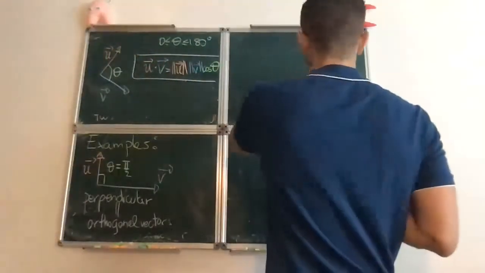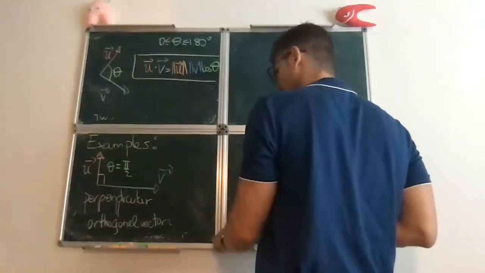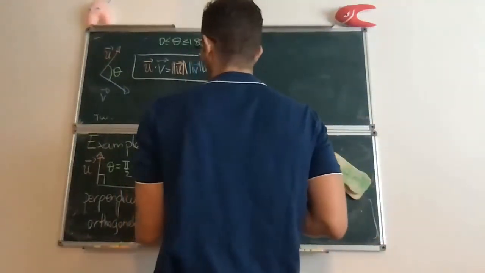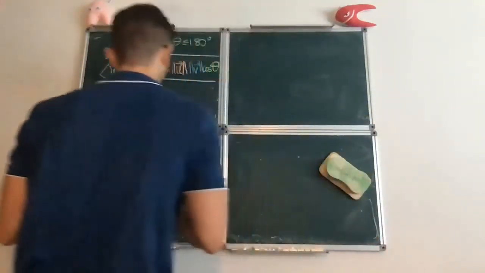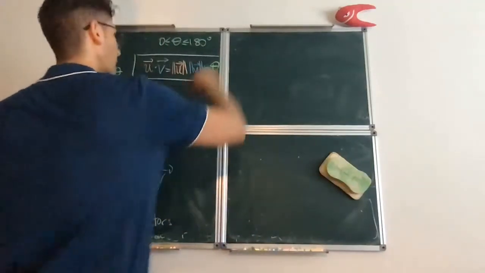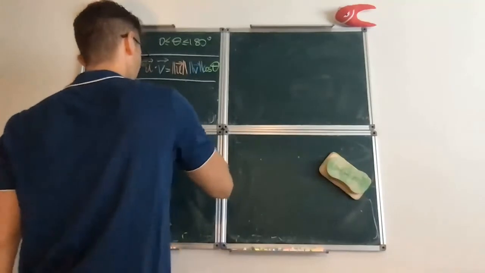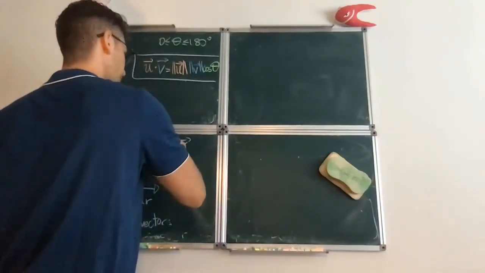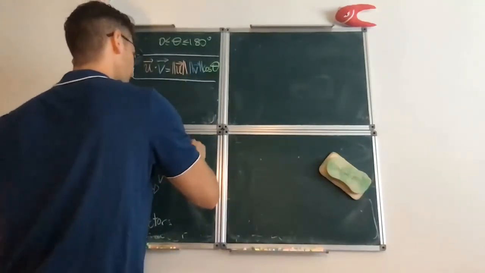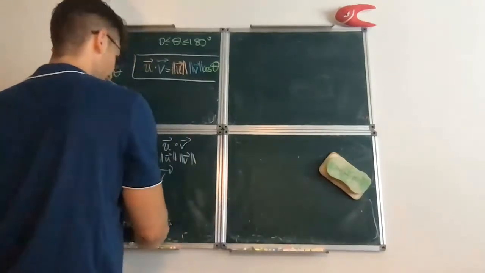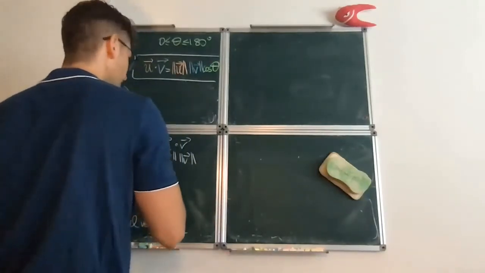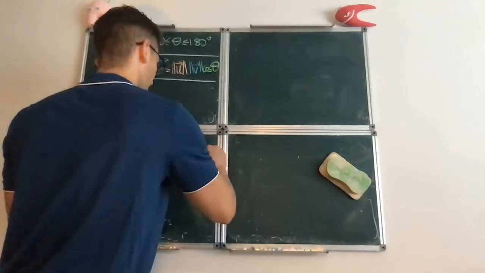And if you follow the recipe for the dot product in this case, what's the dot product supposed to be here? Well, in this case, u dot v is the norm of u times the norm of v times, let me just emphasize the important feature here, the cosine of pi over 2.